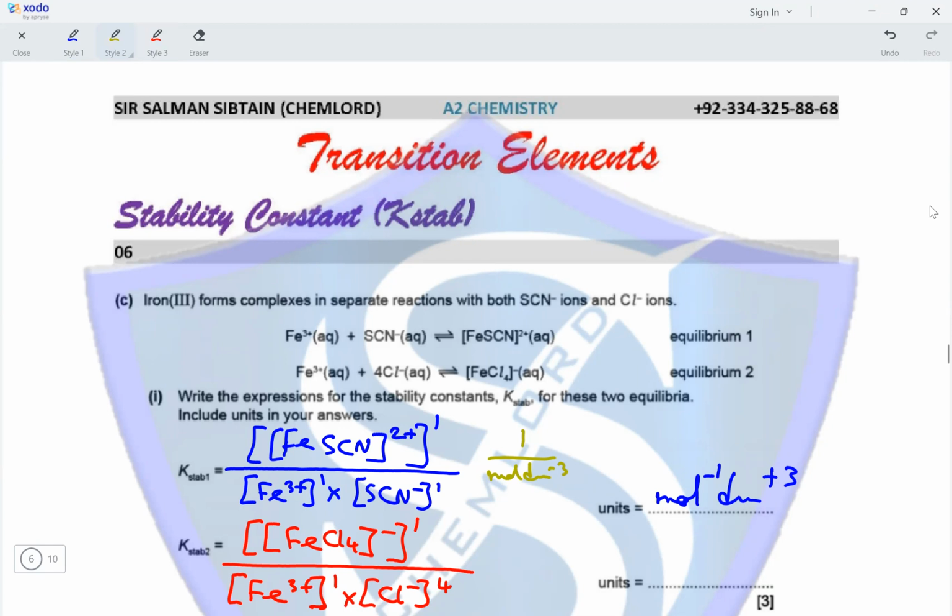So the units would be 1 over (mol per dm cube) raised to the power of 4. Since 1 mol per dm cube in the numerator and denominator gets cancelled out, bringing these units into the numerator side, we end up with mol^-4 dm^+12.